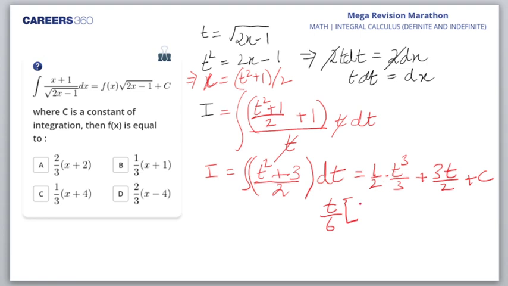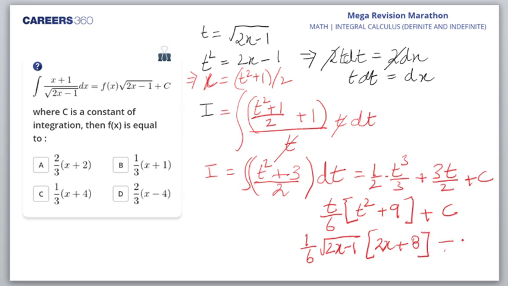I get t squared, and here I get 9. Is that right, students? So t by 6 times (t squared plus 9). Now t I can substitute back as under root 2x minus 1. So I'll get 1 by 6 under root 2x minus 1. Okay? And t squared would be 2x minus 1, minus 1 plus 9 is 8, plus c.